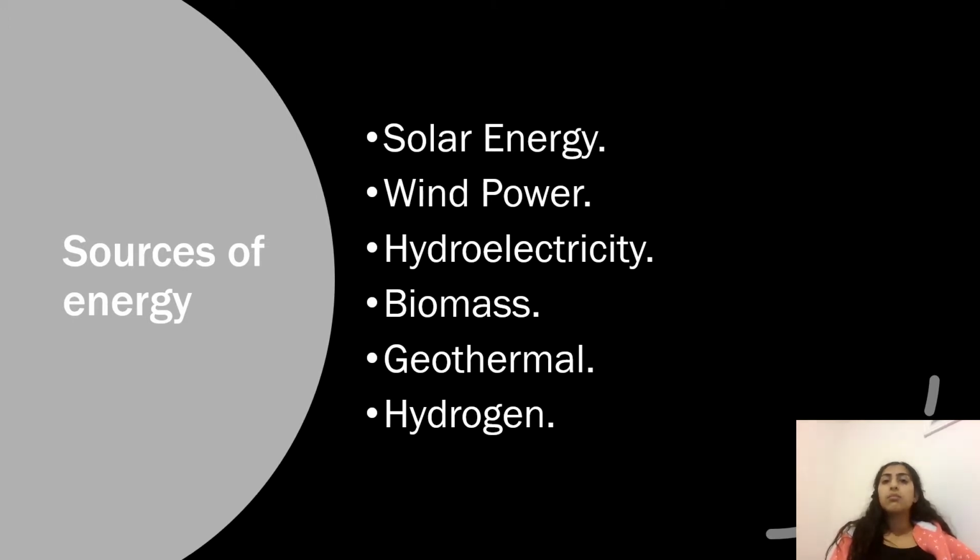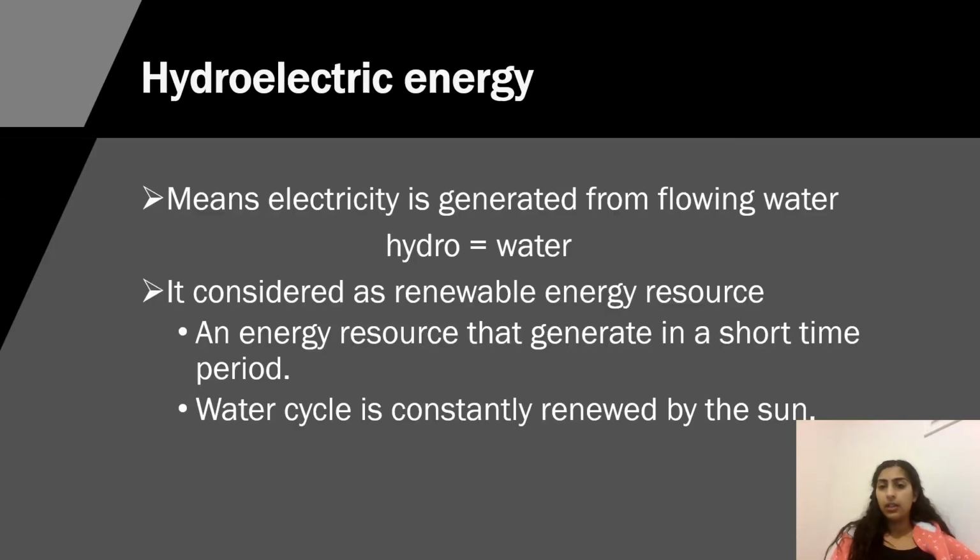So let's talk about hydroelectricity first. Hydro means water. So hydroelectric energy means electricity which is generated from flowing water. We can say that hydroelectric energy is a renewable energy resource because it is produced from water, and we know that water is an endless source here on Earth because we have the sun, which helps in the water cycle.